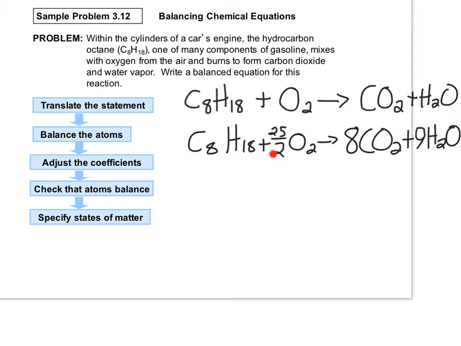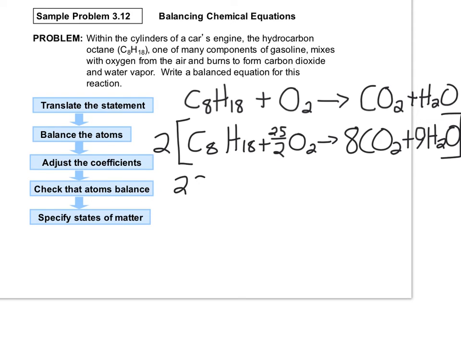So what do I do to turn 25 halves into a whole number? I have to multiply it by 2, and if I multiply that one by 2, I have to multiply the entire thing by 2. So I'm going to put brackets around that and a 2 outside, meaning I multiply everything in those brackets by 2. I'm going to rewrite the equation.